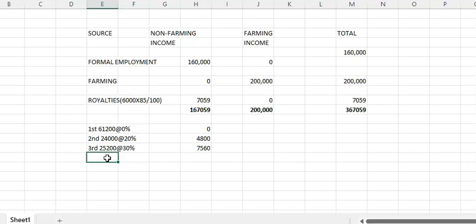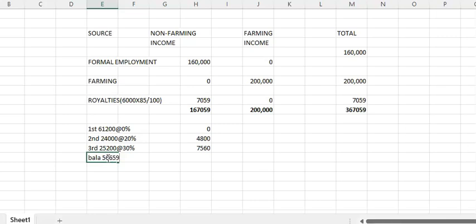So we are going to say 167,059 minus 110,400. We see the balance, so the balance is 56,659. So we write balance after we do that relevant calculation.